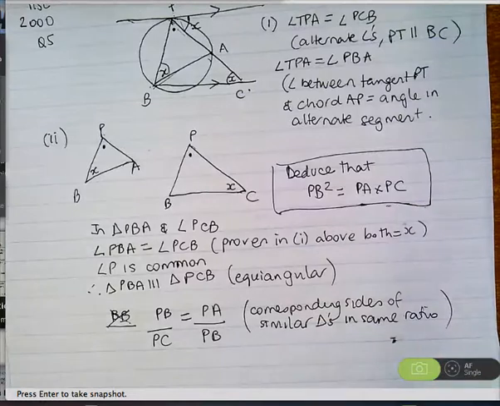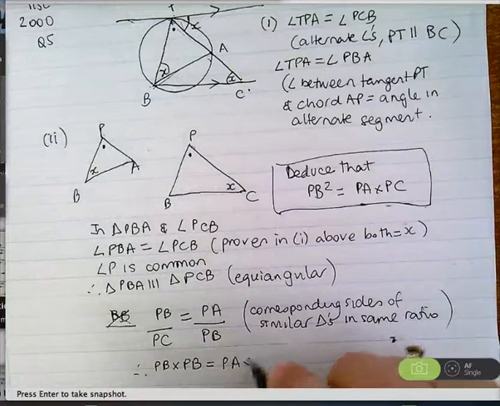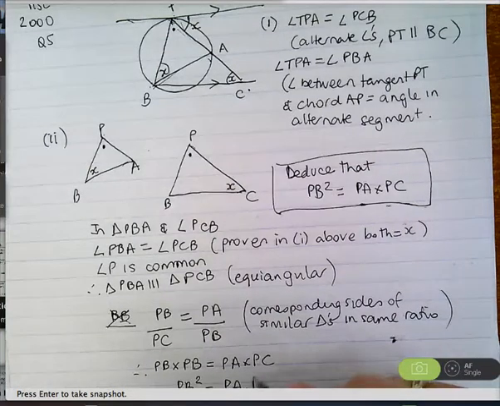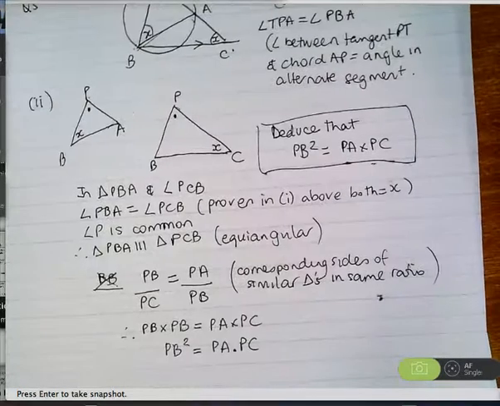Now we're just cross multiplying. So therefore PB times PB equals PA times PC. In other words, PB squared is equal to PA times PC. Remember, a dot means times.